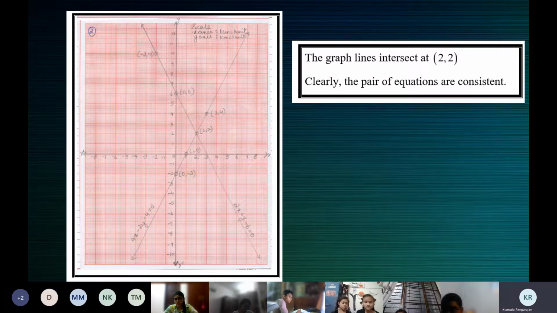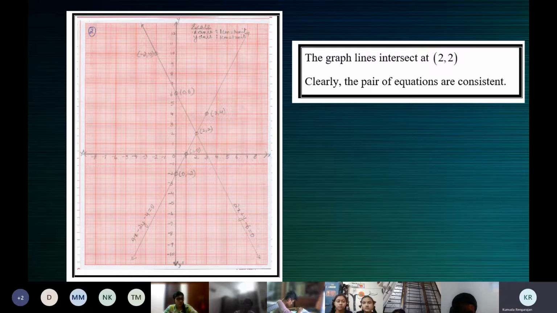Okay, next Hitesh has shared. Hitesh, one of your lines is correct, the other one is incorrect.